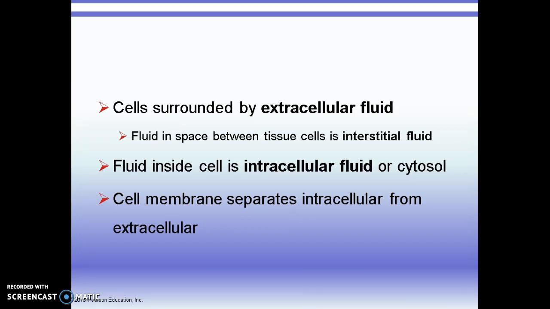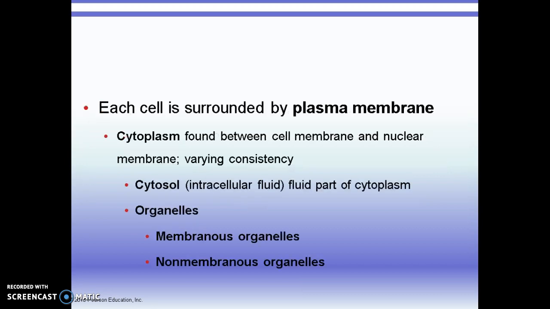And fluid inside cells is intracellular fluid. So extracellular fluid means outside the cell. Intra means within the cell. And of course, that cell membrane made of phospholipids separates the intra and extracellular fluids. Each cell is surrounded by that phospholipid plasma membrane.